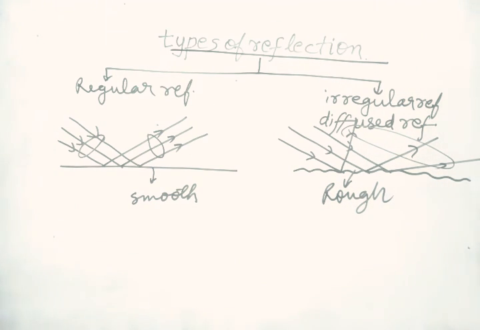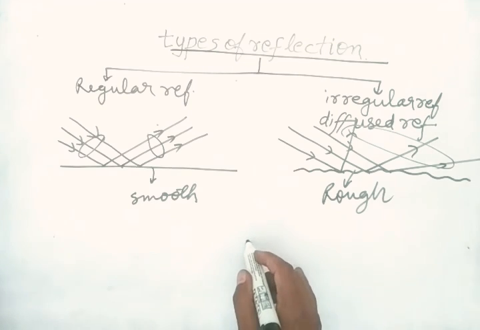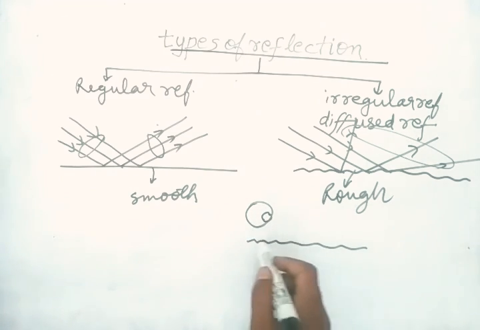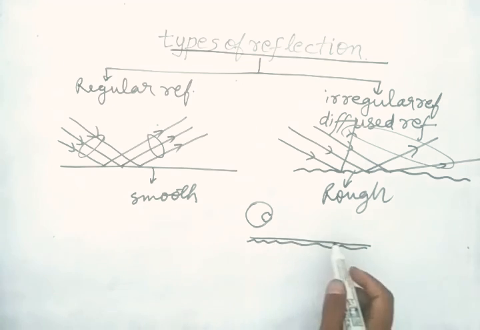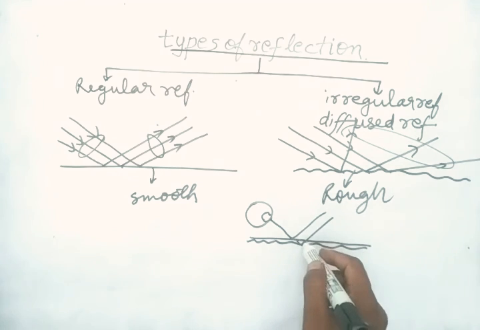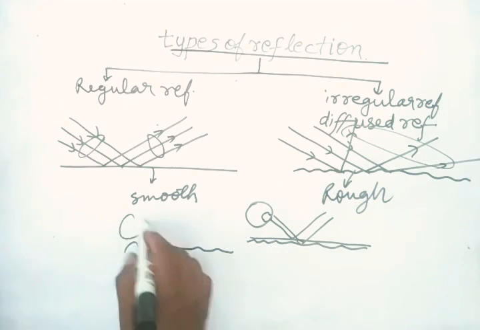Most of the time, your floor of your home, generally you can't see your face in it, but when it is mopped, it has a thin layer of water over it, then it becomes a little bit smoother, then you are able to see your face or reflection of other objects on that surface. But that does not happen in ordinary case.